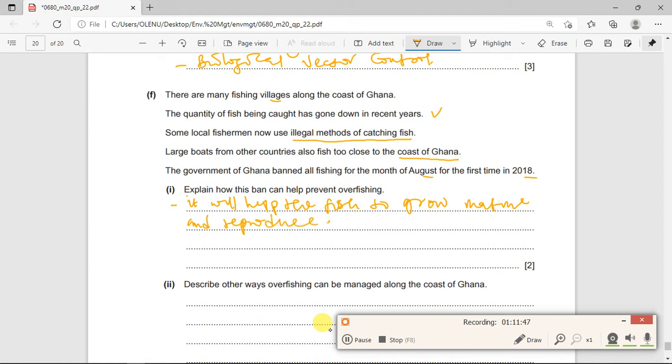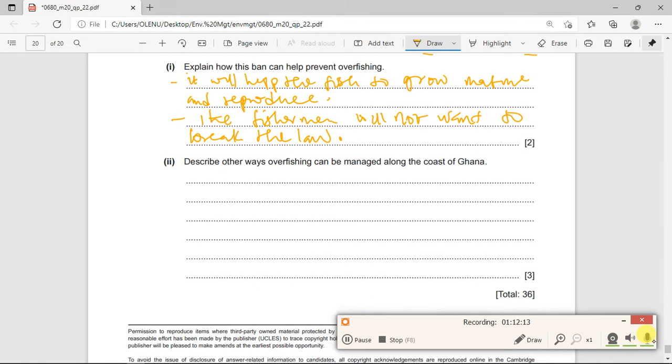Another thing is the fishermen will not want to break the law. That's it. Now, the last question here is: describe other ways overfishing can be managed along the coast of Ghana.